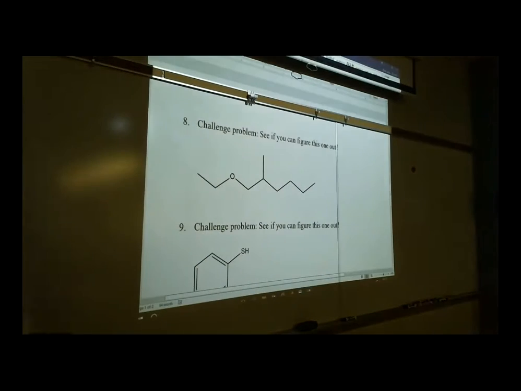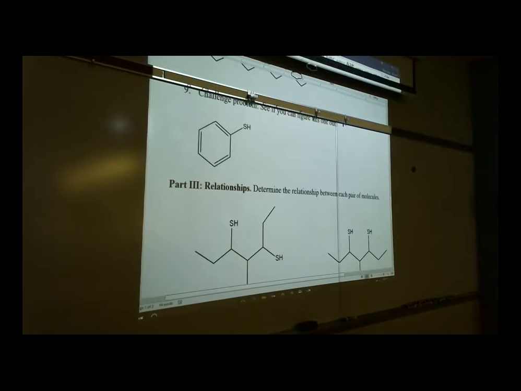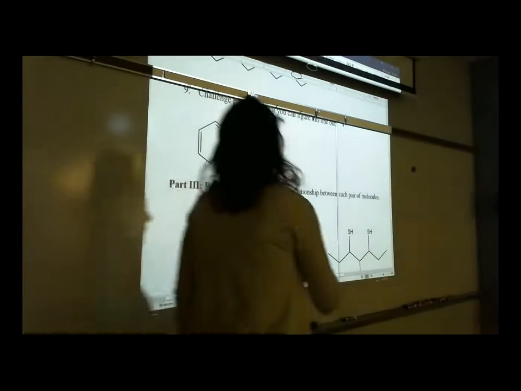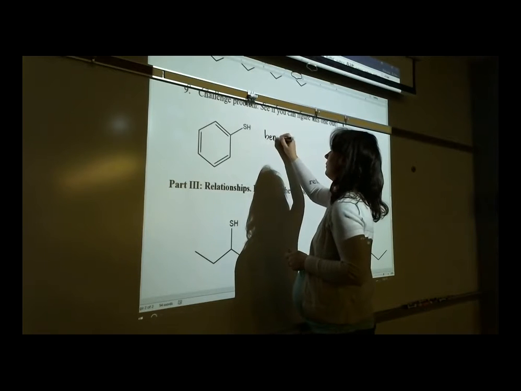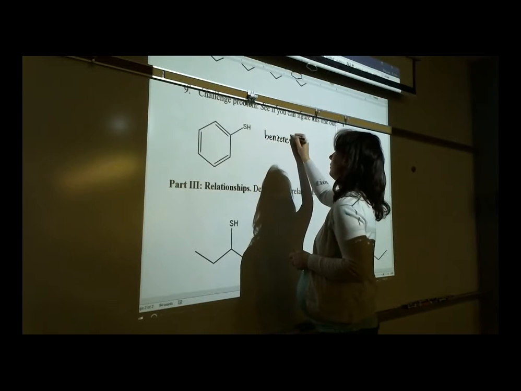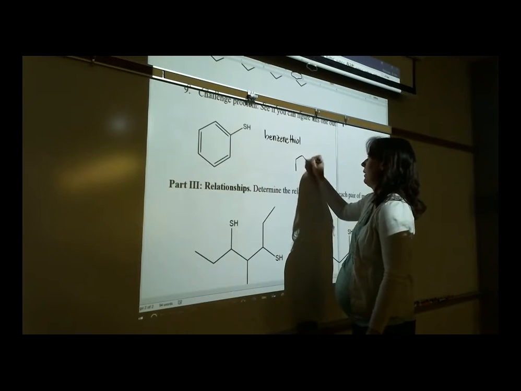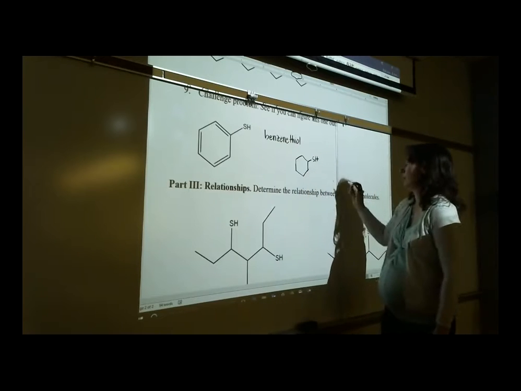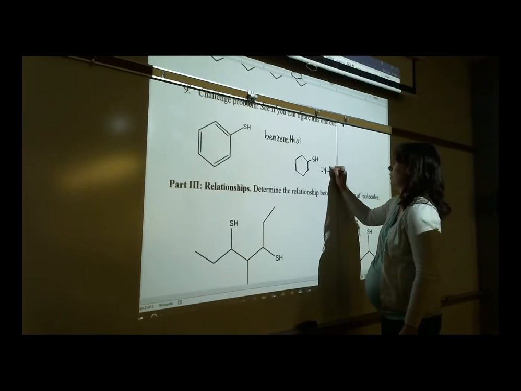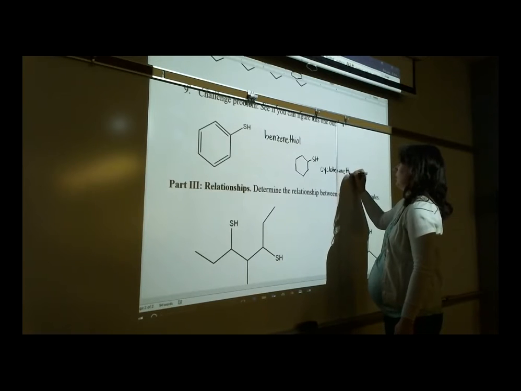Did you figure out number 9? I didn't. That was wrong. No, it's not an amine. This one is just called benzene thiol. Just to compare it, what would the name of that be? This would be cyclohexane thiol.